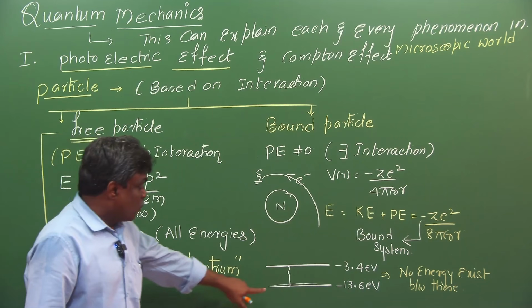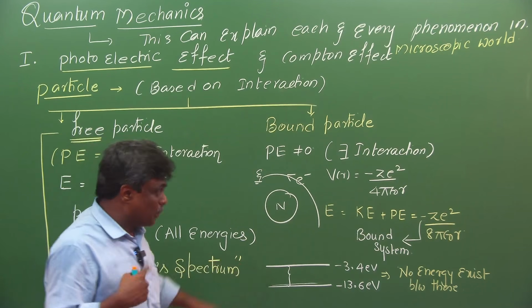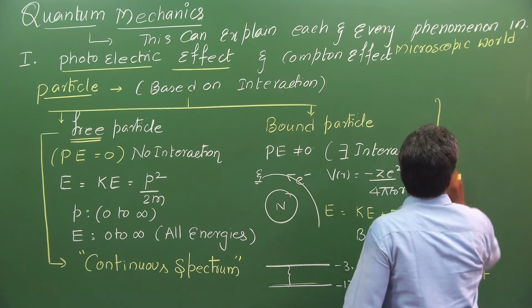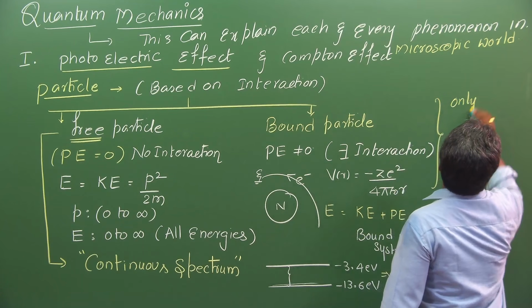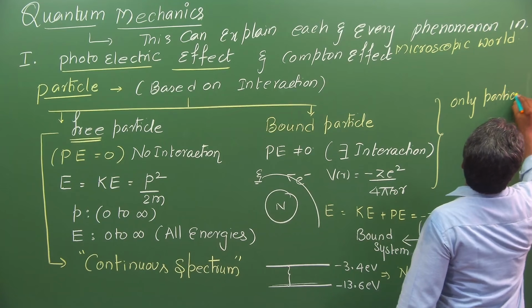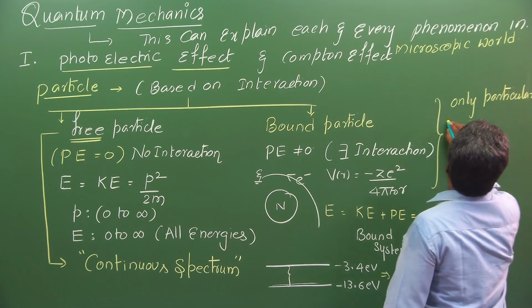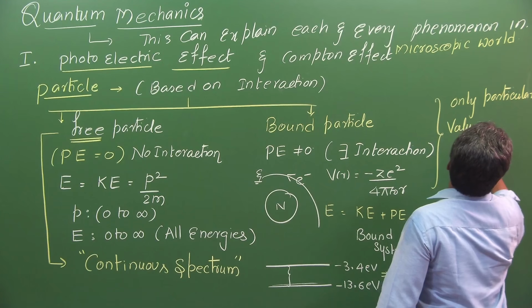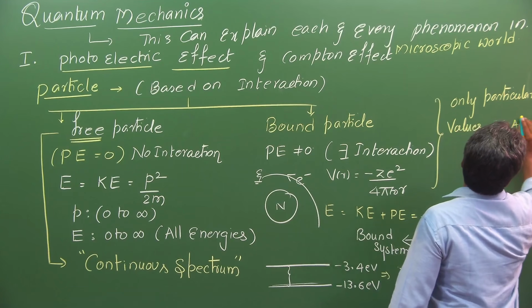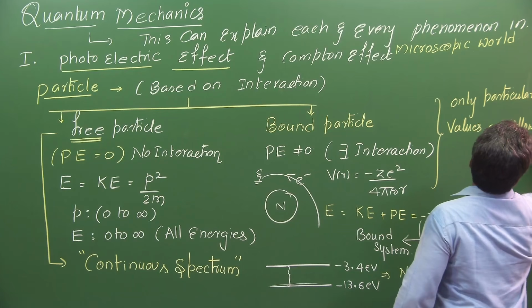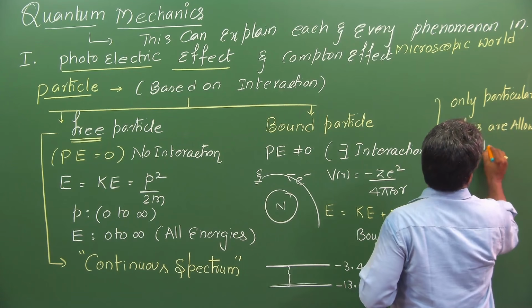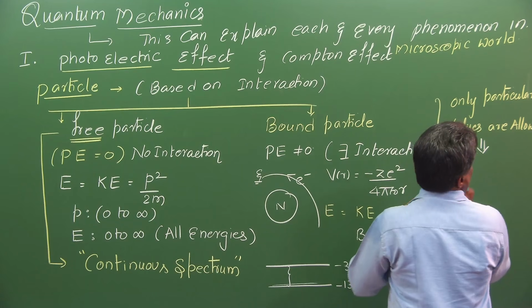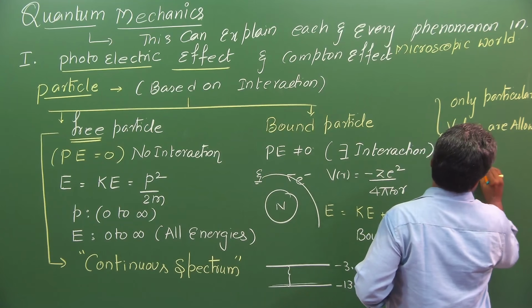That means only particular energies are allowed, only particular values are allowed. That's why this spectrum is discrete, not continuous.